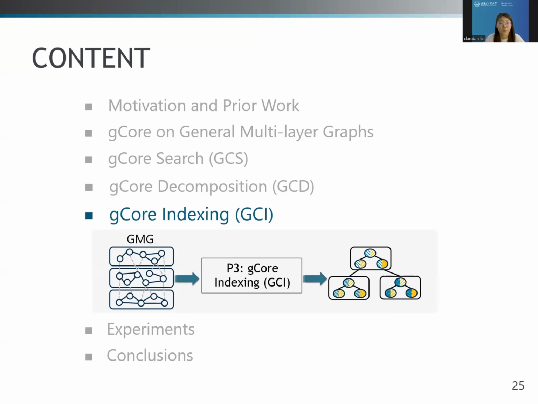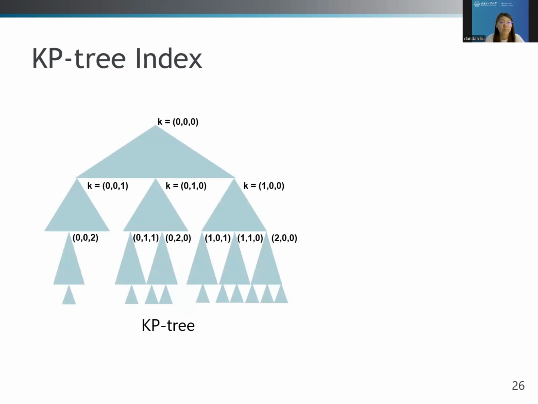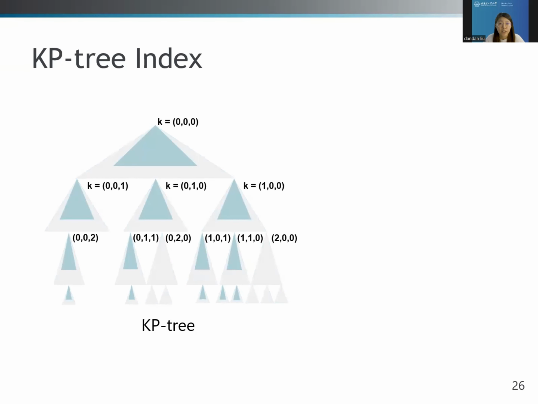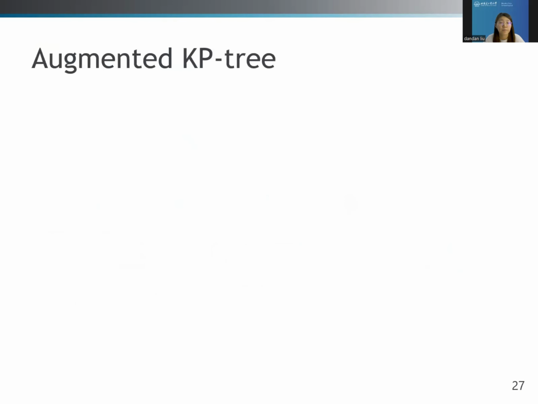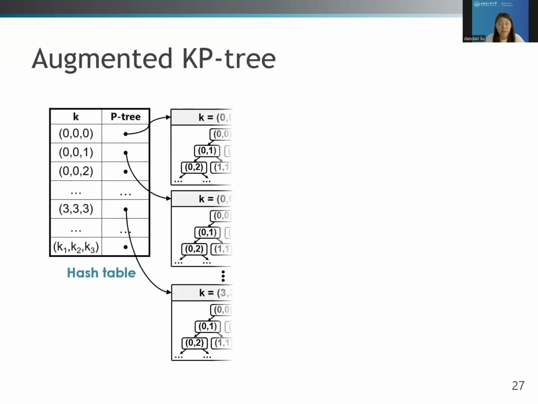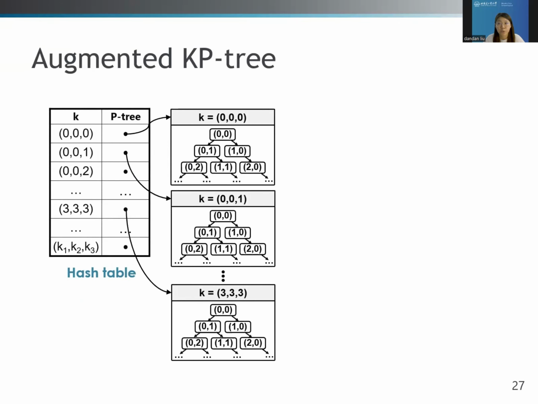Let's further explore the G-core indexing problem. The DFS-based GCD approach will conceptually generate a subtree of the KP tree, with each p-node representing a non-empty G-core. Materializing the subtree derives the storage and the index structure. For quick access, we use a hash table to map each k vector to the address of its p tree.